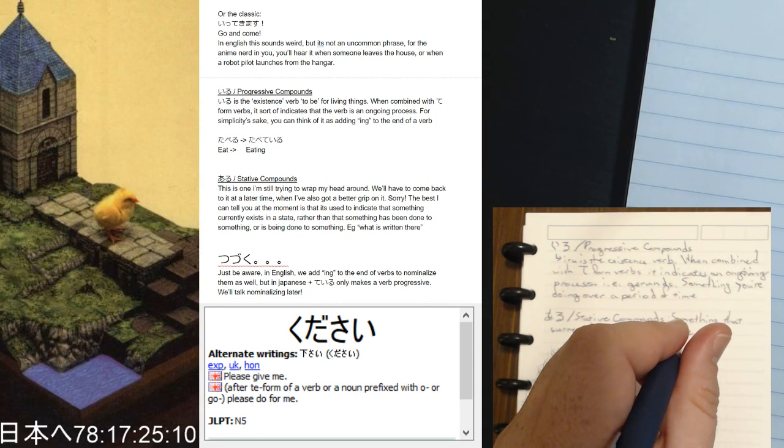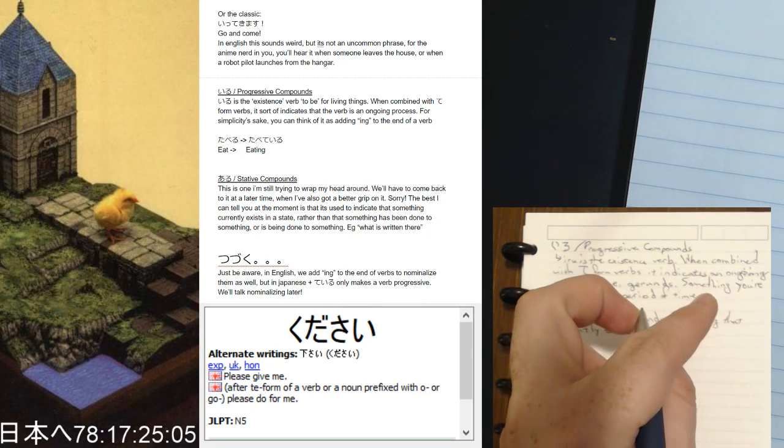Right, kaku. It's just trying to tell me I'm trying to use a different one. I thought it was kaku.